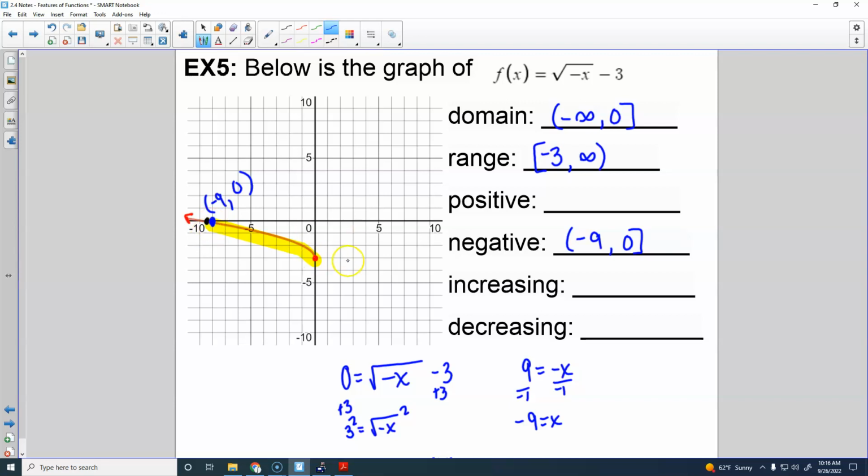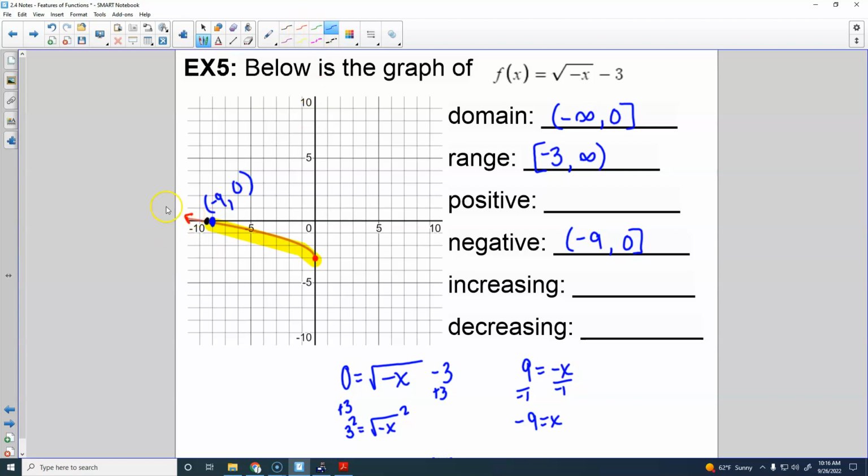But for square roots, you include this endpoint over here because it is actually positive or negative. Now, positive would be over here in this direction. This one can be a little bit confusing because it's in the negative direction that the graph is positive. Positive means it's above the x-axis.